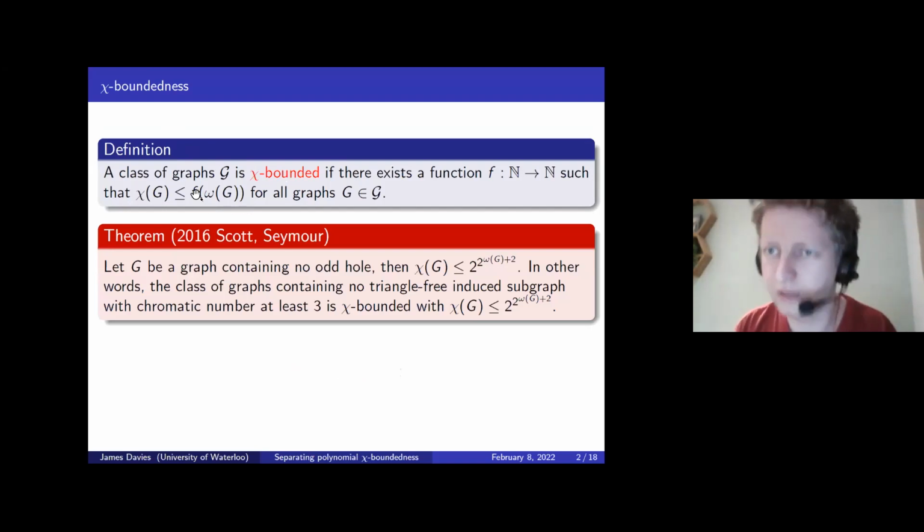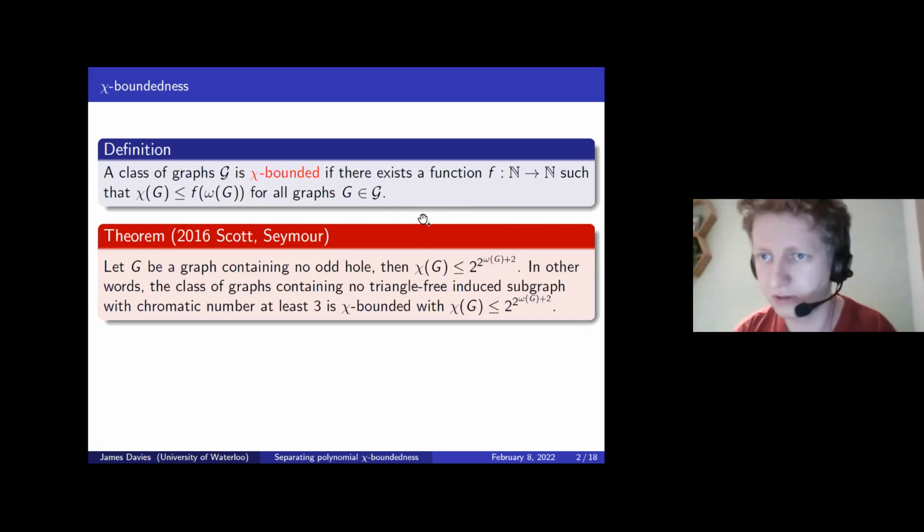So at the end of Sophie's talk, we already saw one class which is chi-bounded, which is these graphs without an odd hole. If you don't have an odd hole, then you have chromatic number at most about 2 to the 2 omega. So it's a double exponential bound. It's a big bound, but in terms of chi-bounding functions you get out of a lot of proofs, it's actually not so bad.